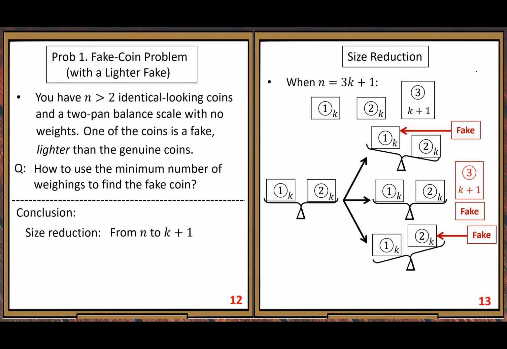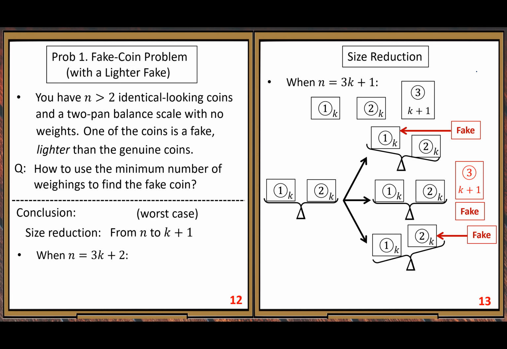If we have a solution for the worst case, then we can only do better for other cases, not worse, because we already take care of the worst case. So here we focus on the worst one. The size reduction is from n to k plus 1. A little worse, but still pretty good, so we take it.